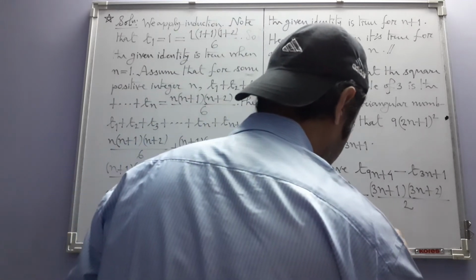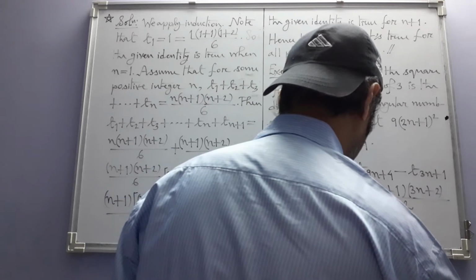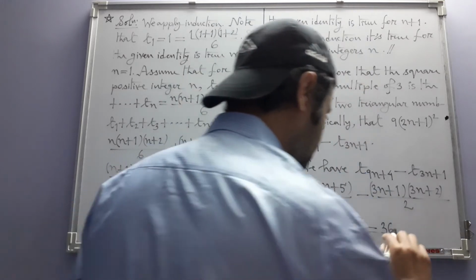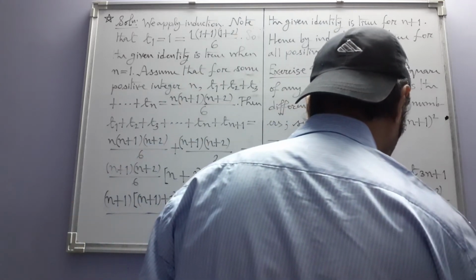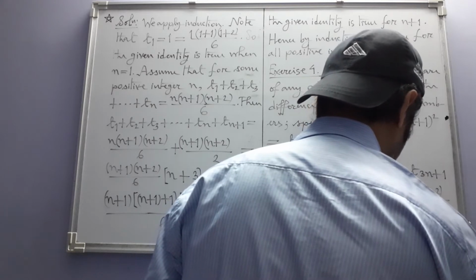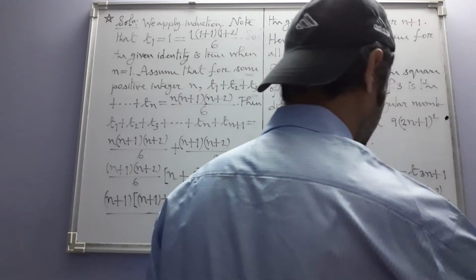So this gives us 36n square plus 36n plus 9.